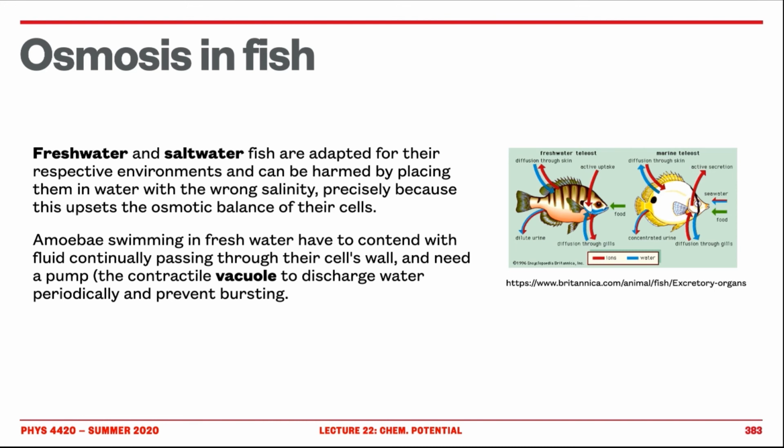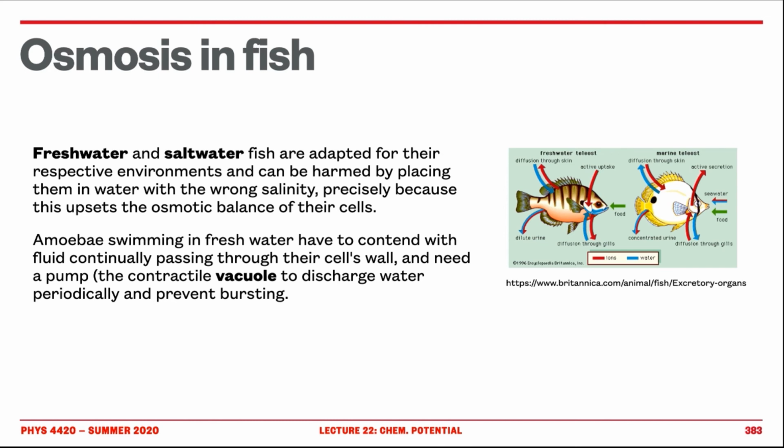So the fish have to find a way to regulate this and make sure that the pressure can be maintained in the cells. That's the reason why different organs are used for the different fish.